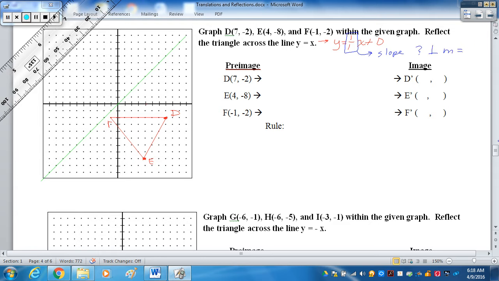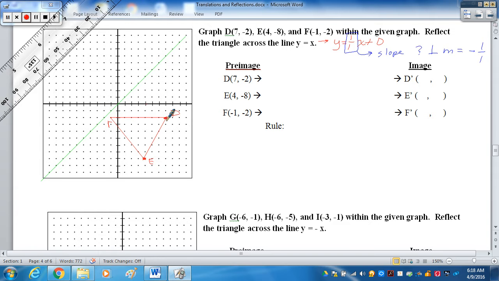Well, remember, it's the opposite reciprocal. So the opposite of 1 is negative 1, and the reciprocal of 1 is still 1. So we're looking at negative 1 over 1. So I have to go ahead and use this opposite slope. So a negative 1 slope will rise and run like this, okay?